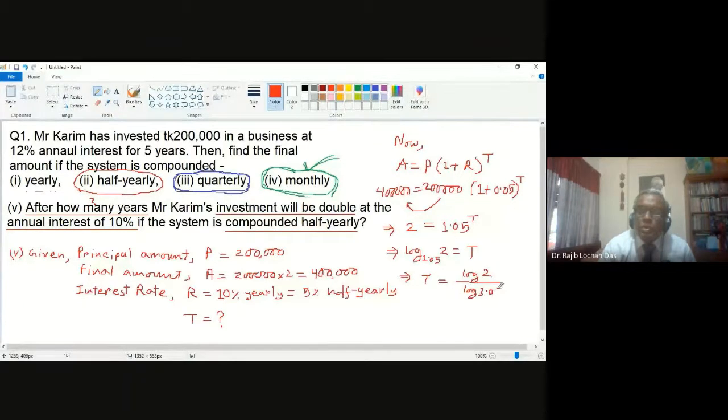You use the log button or the ln button, it does not matter. Just use the button and then you get the answer. So what is the answer?